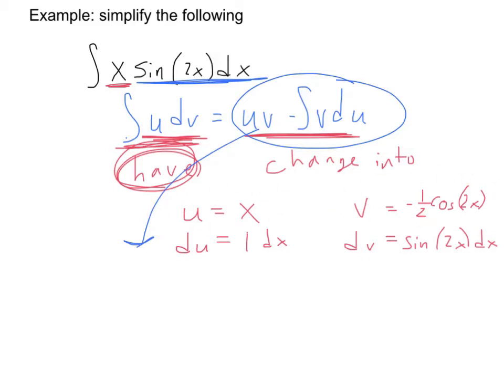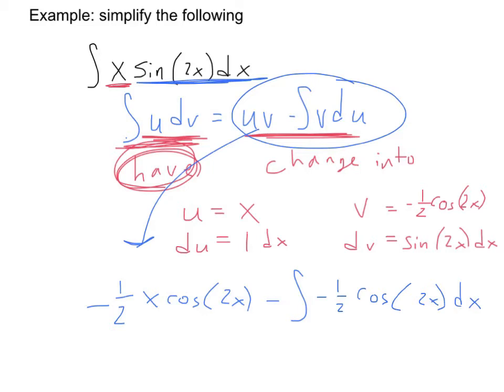It's negative 1/2 x cosine 2x minus the integral of v du. So what is v du? The du is actually pretty simple. It's negative 1/2 cosine of 2x, and then the dx gets supplied by the du.